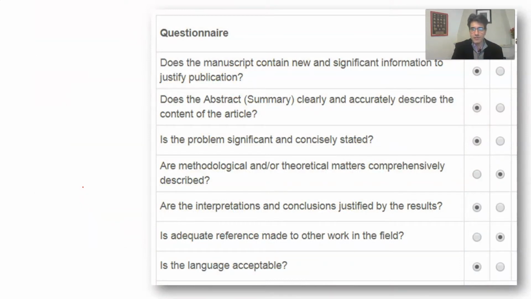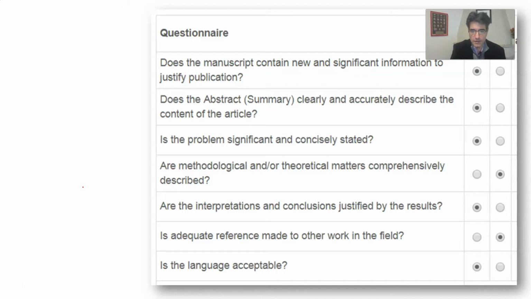So you've seen this questionnaire before. This is the one that reviewers, similar to a lot of little mini questionnaires that journals ask the reviewers to fill out, complete before they come to a final judgment about whether they should accept or reject an article.